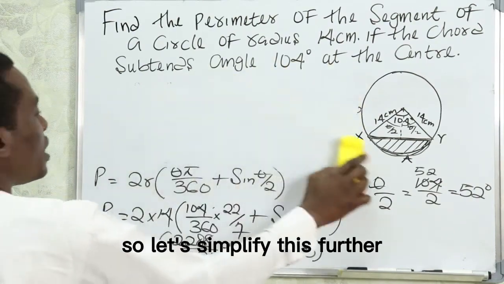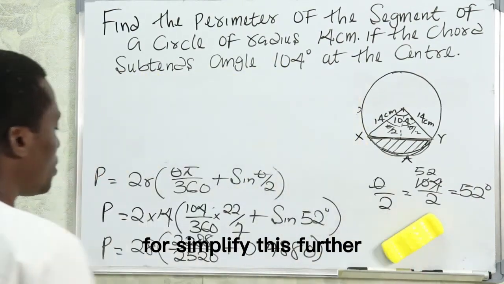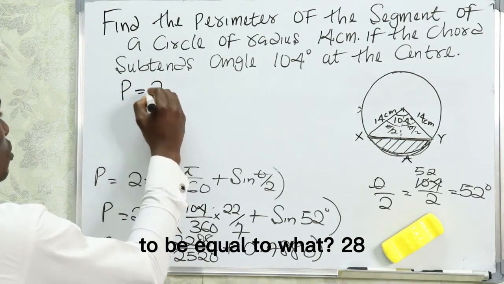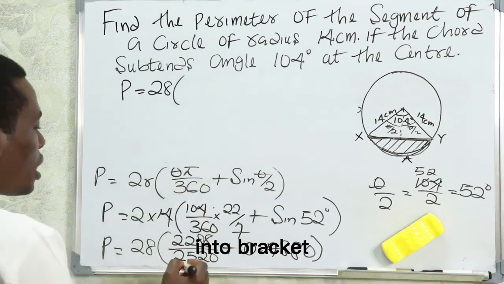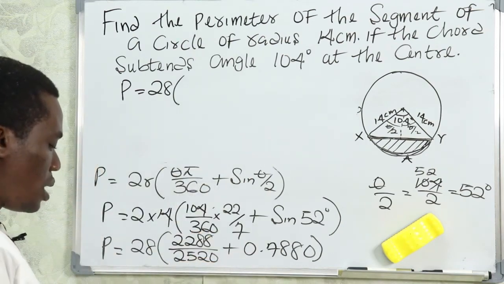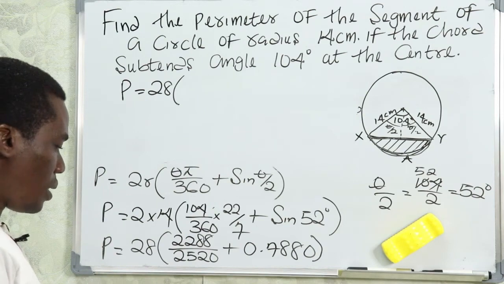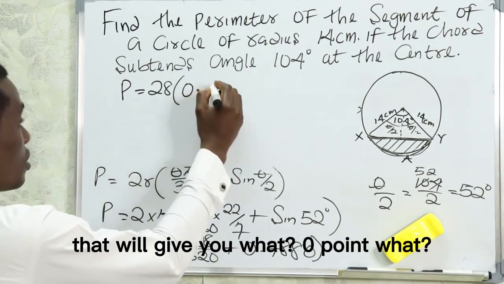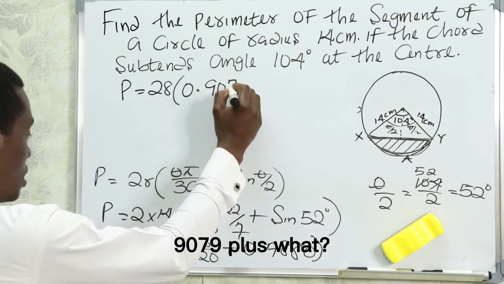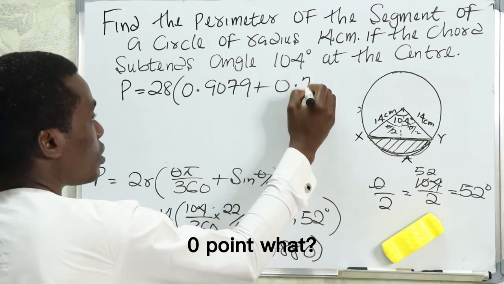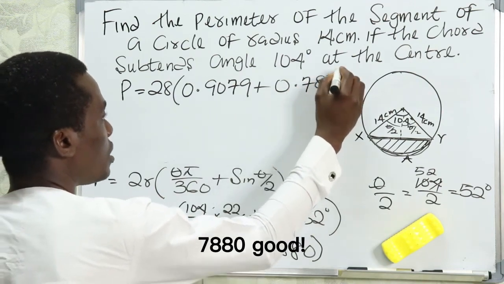So let's simplify this further. If we simplify this further, we're going to have our P equal to 28 into bracket, this divided by this, that will give you 2288 divided by 2520, that will give us 0.9079, plus 0.7880.